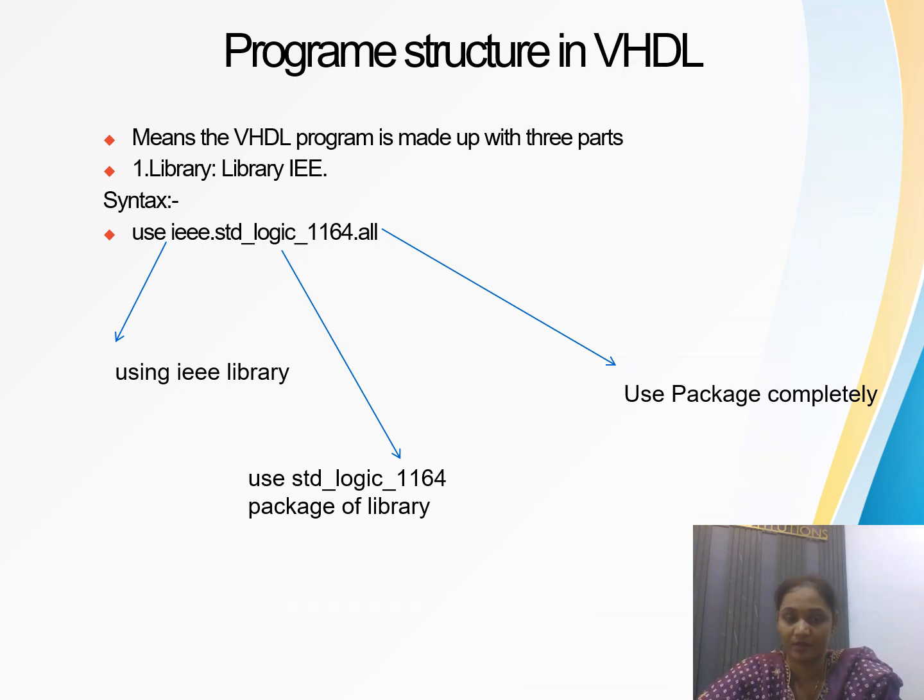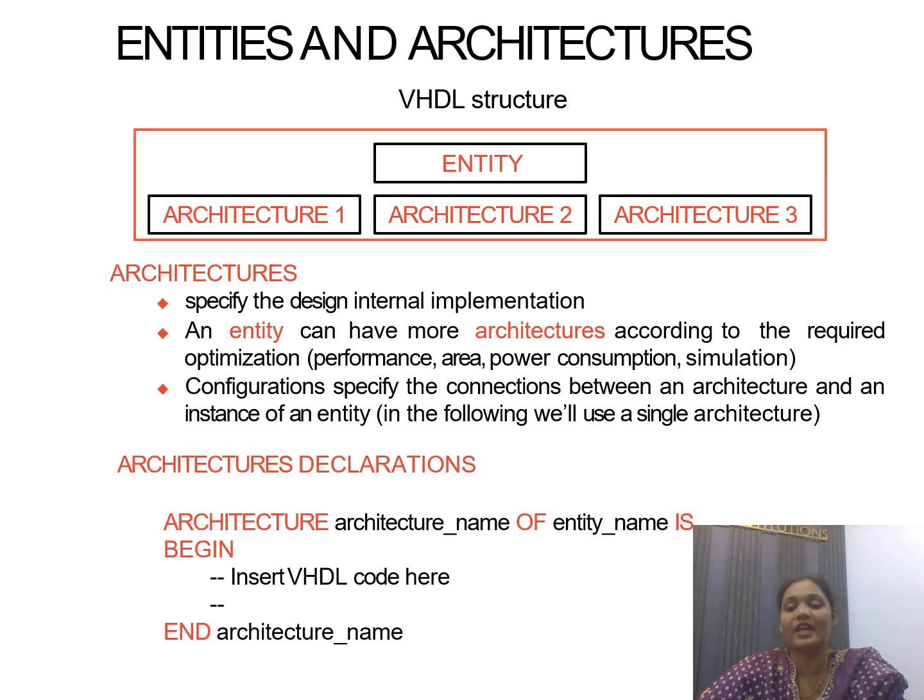Out of that, we use std_logic_1164 for digital logic designs. In VHDL, we basically design digital logical ICs. We can't design any analog ICs. That's why for digital ICs we use the 1164.all package.